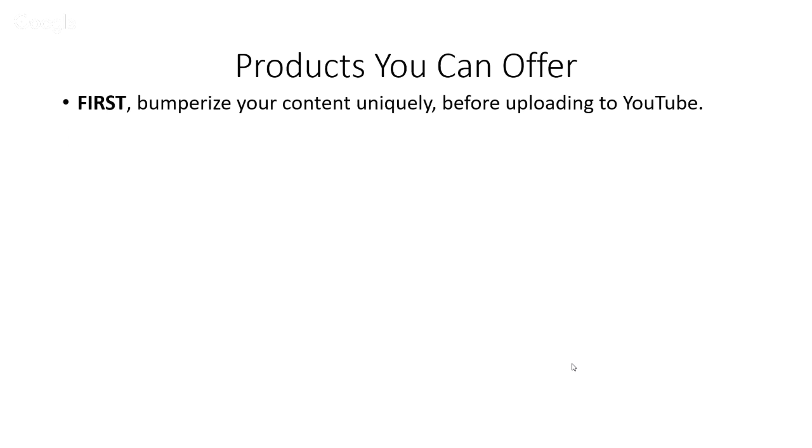I want to say here at the outset that if you're going to undertake this, please make sure that you don't just put the videos on YouTube as is. In many cases, YouTube's going to assume that the very first person that posted the video is the one that created the original content, and you don't want to be that person.